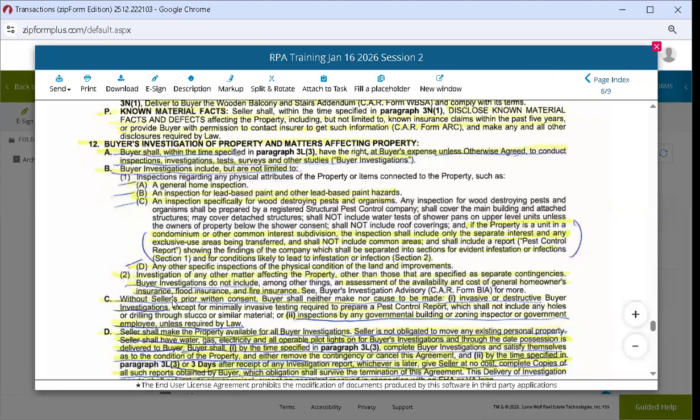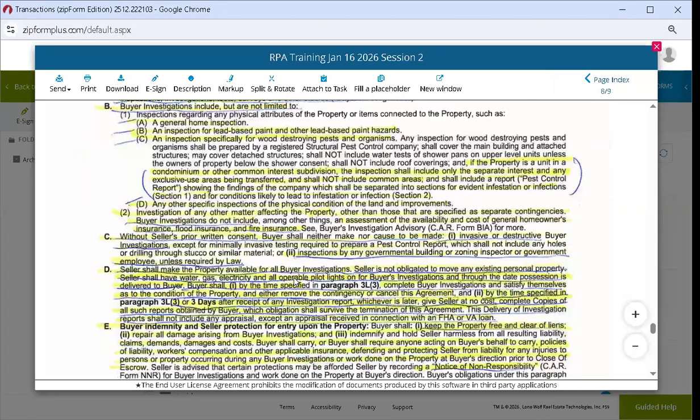So the buyer investigations, of course, do not include insurance, flood insurance, or fire insurance. Insurance is something we jump on right away. We know that. They're just telling you here that it's not included. And without the seller's written consent, you can't make any damaging or invasive inspections on the property. And I like this right here. You see this?